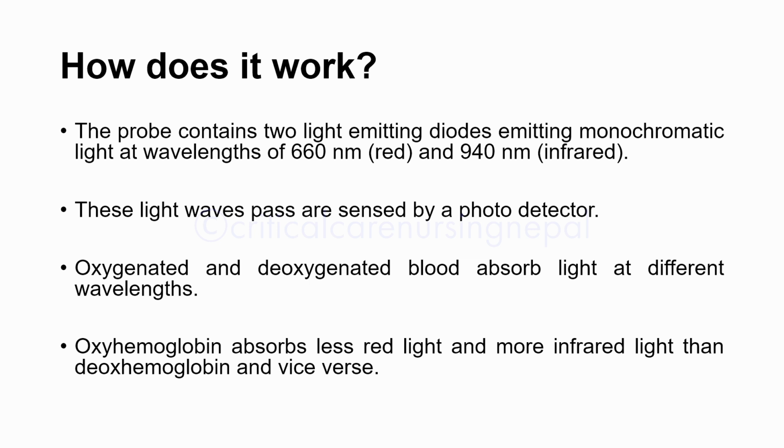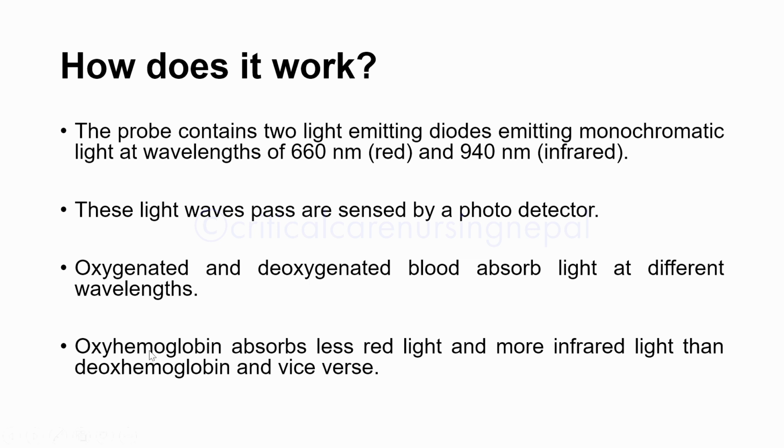The red light at 660 nanometers is the same light you see when you look at the probe, and the infrared light at 940 nanometers is invisible. This light is sensed by the photodetector, and oxygenated and deoxygenated blood absorb light at different wavelengths.